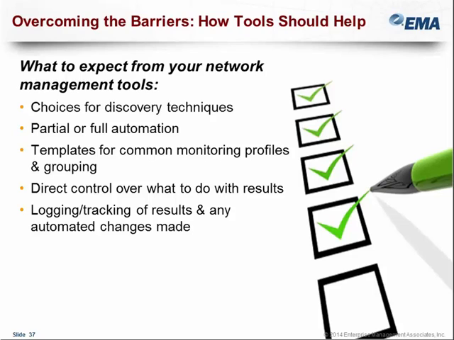Really important, especially as you move up the chain towards more and more automation to keep up with change, to be able to go back and look and see what the system did and when and in what sequence. And in fact, it's that sort of logging and tracking, I think, that helps a lot of folks get more comfortable with automatic network management functions, by being able to see in detail exactly what happened and when.